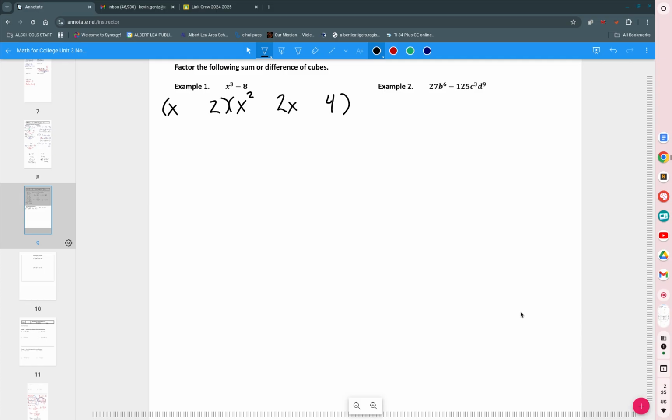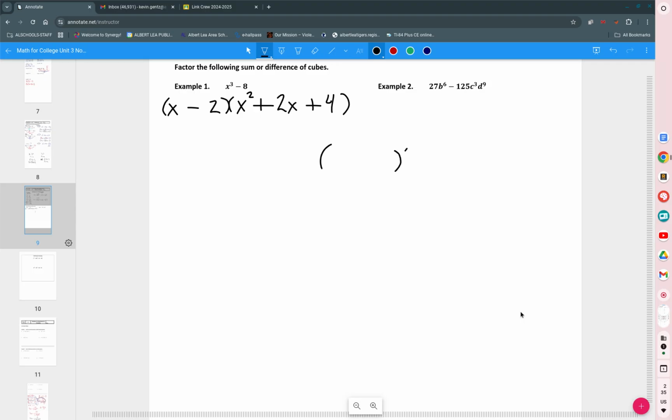Square the front, square the back, multiply 2 together for the middle. And now you just go ahead and use your acronym. Is this going to be a plus or a minus? Minus. How about this one? And this is always positive. Not too bad, is it?